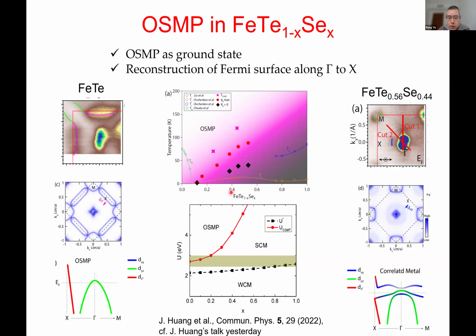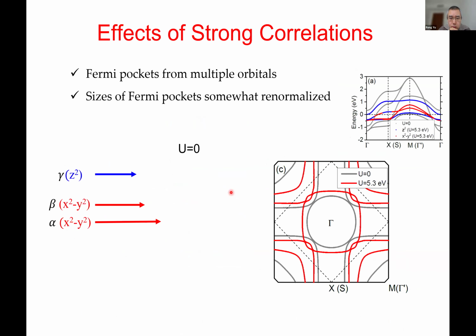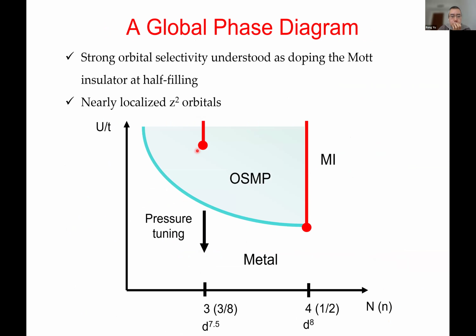In this nickelate superconductor, I think it's a very similar way. Basically, it tunes this U over t. And then we also see an orbital-selective Mott phase if we increase this U over t ratio. So I think this is in a way similar to the iron-based superconductors.